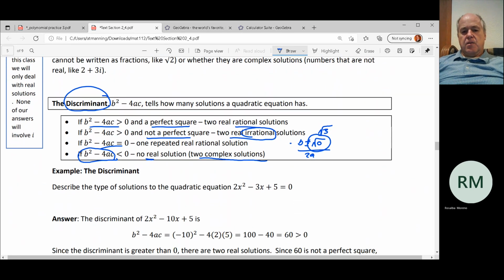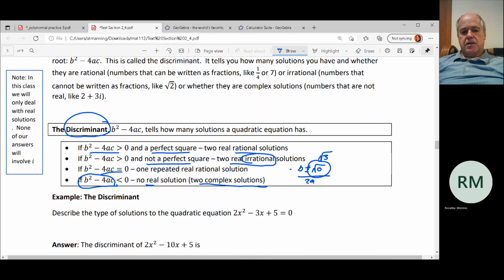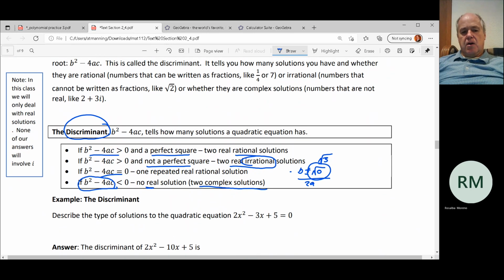So when we care about the answer, all we examine is the discriminant. x is equal to negative b plus or minus the square root of b squared minus 4ac.